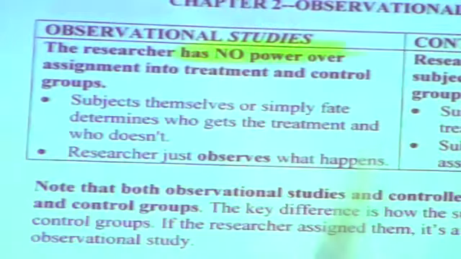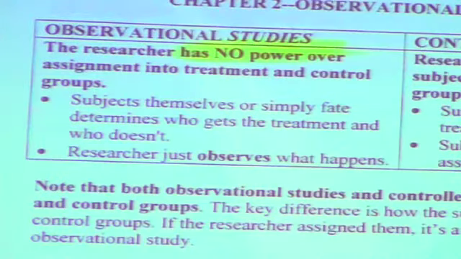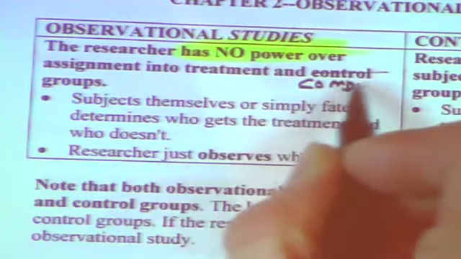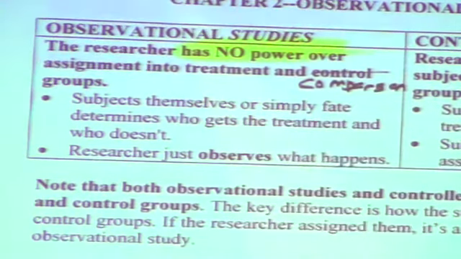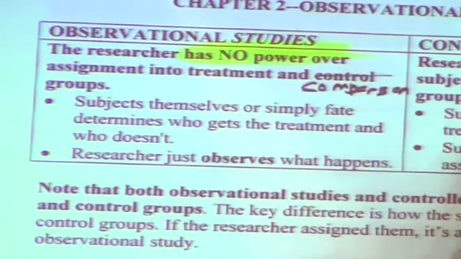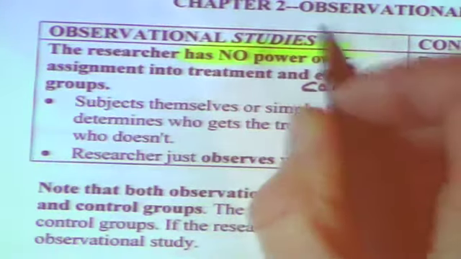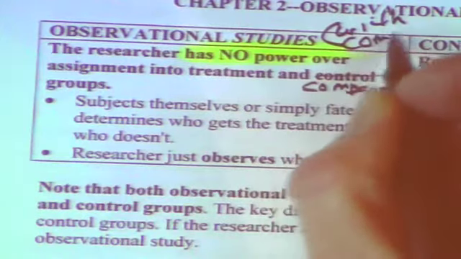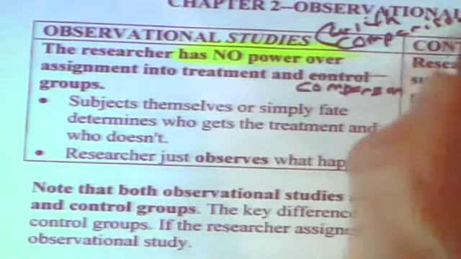He has no power, and in our language, this should be into treatment and comparison group. That's all we mean. The researcher in a controlled experiment, this is an observational study with comparison group, with controls.